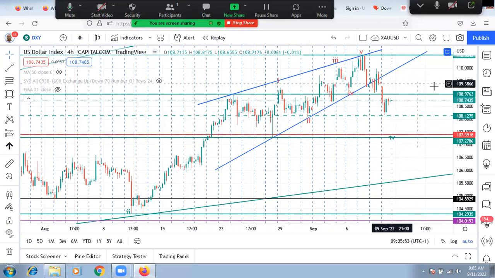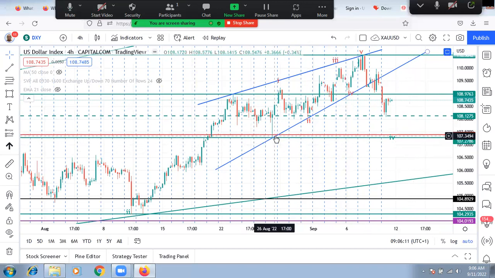We should be watching the reaction around this area to see if they're going to go further downside, to complete the 4. And if the 4 is going to be a bit, I don't expect it to go beyond the 50. That's what I'm trying to say, based on what we know.